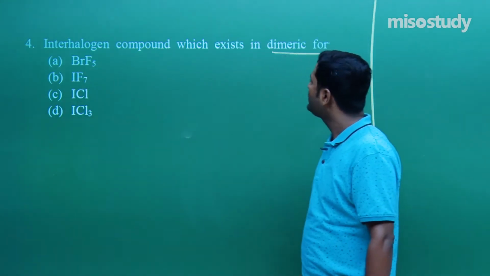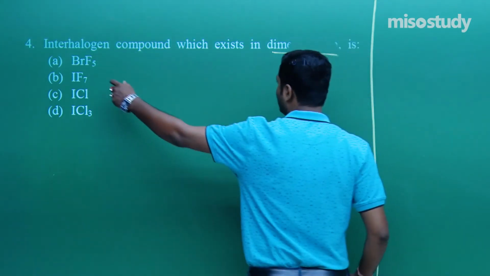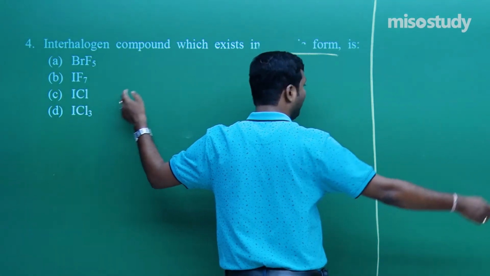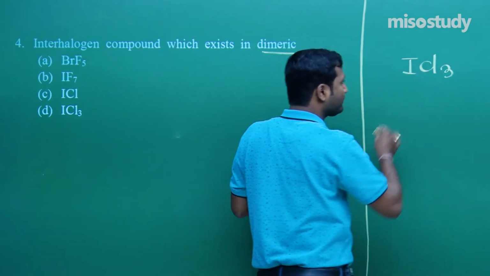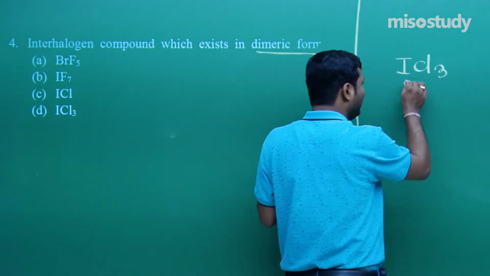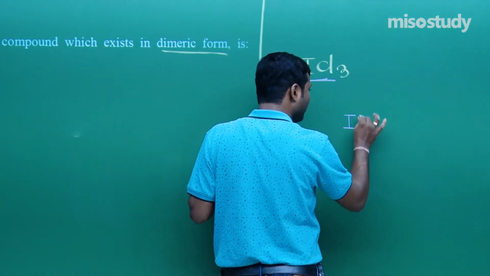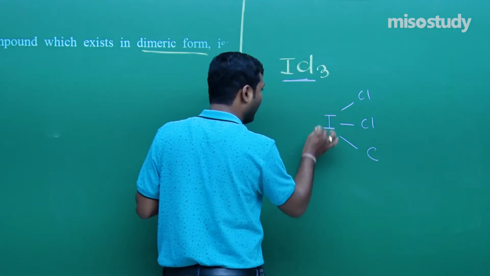Now, which exists in dimeric form? As we know, this one exists, this one exists, this one also exists. But if I talk about ICl3, look at what I'm telling. ICl3 is I, Cl, Cl and Cl.